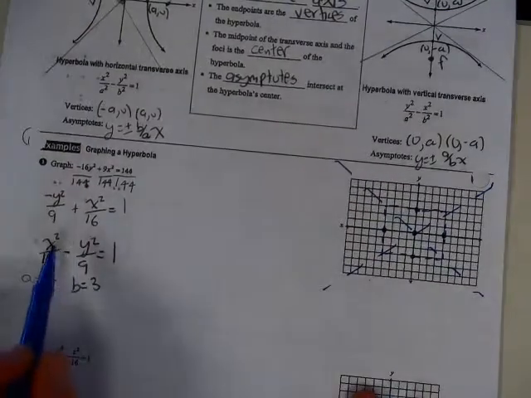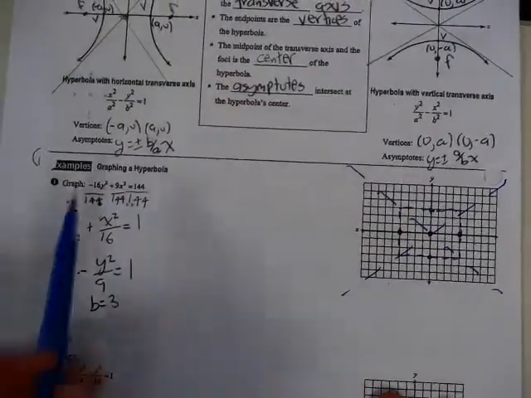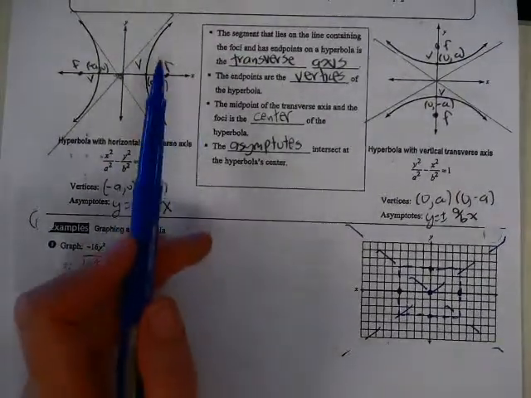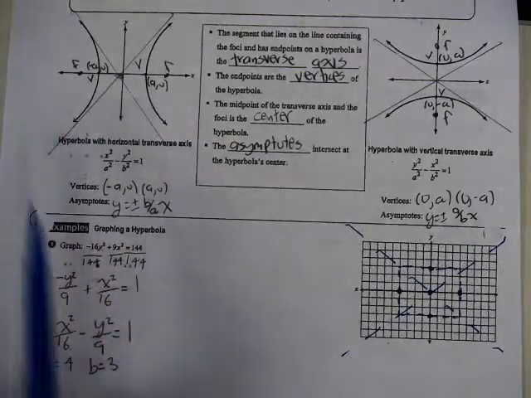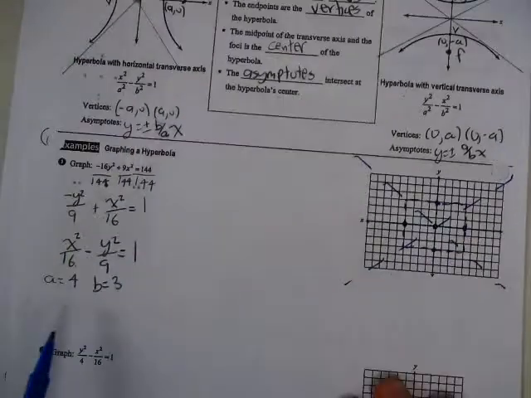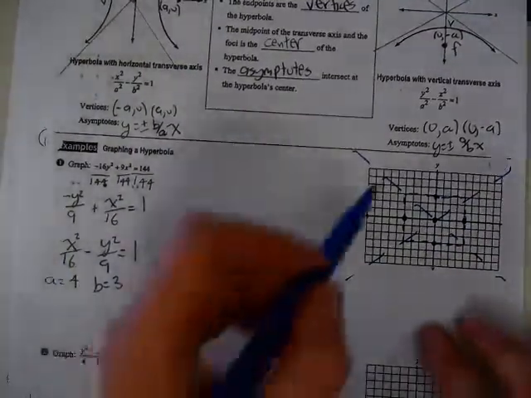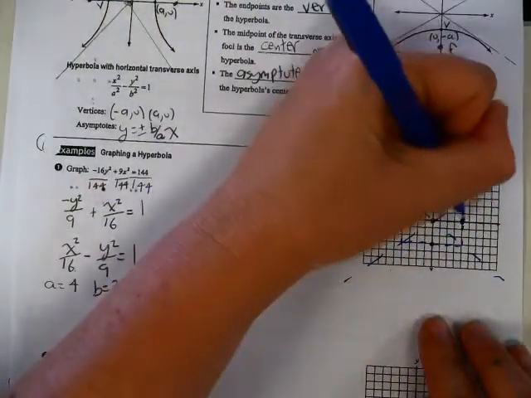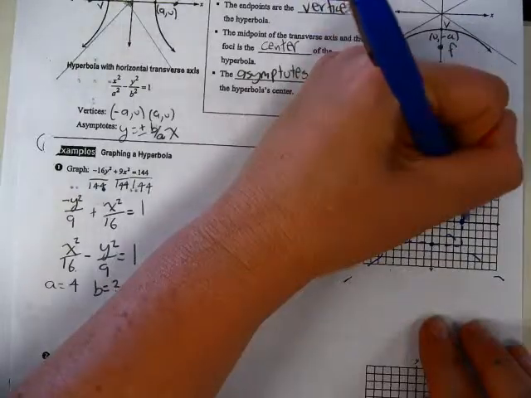Now, since my x term is first, I know I have a horizontal transverse axis, which means I'm going to open up to the sides. And that's again because my x term is first. So I'm just now going to start at my vertex and use my asymptote as a guide and sketch this out as best I can.